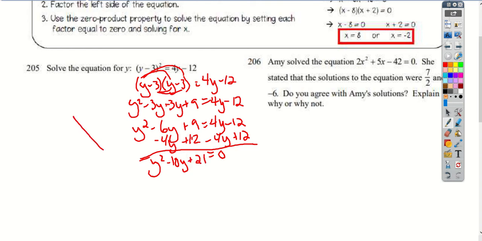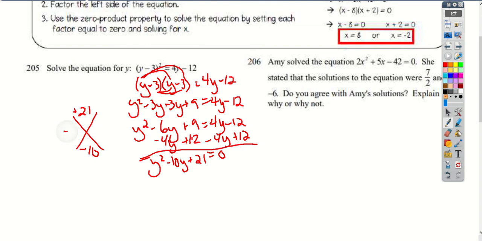And so if we do the diamond, I want two numbers that multiply to give me 21 and add to give me -10. So we know they're going to be the same sign because they multiply to a positive result.